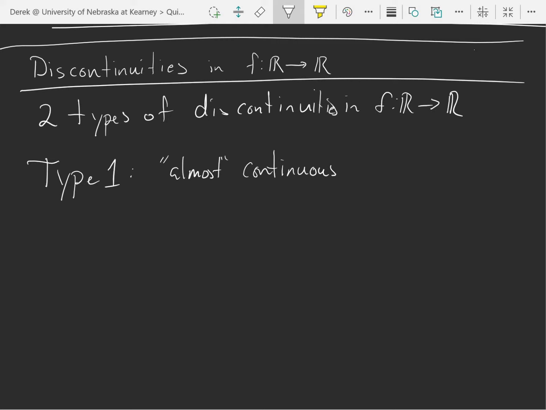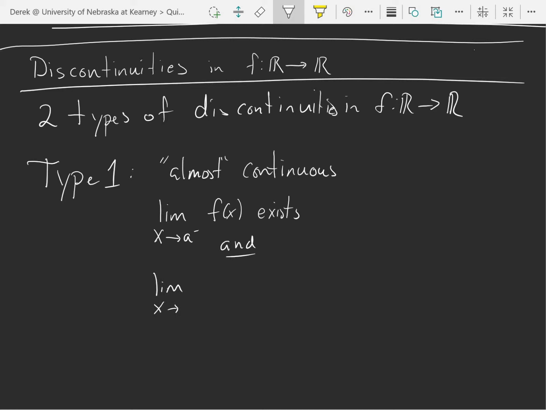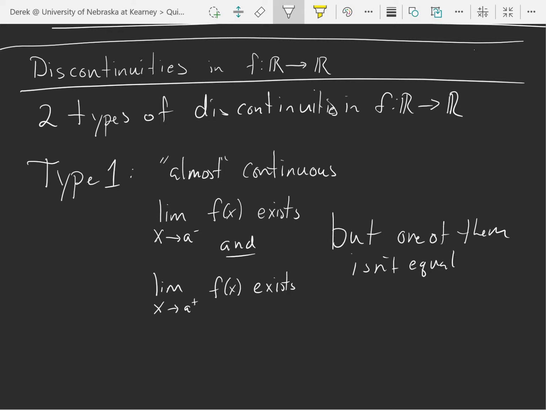The notation we have is: the limit as x approaches a from the left of f of x exists, and the limit as x approaches a from the right of f of x exists, but not both, sorry, but one of them isn't equal to f of a.